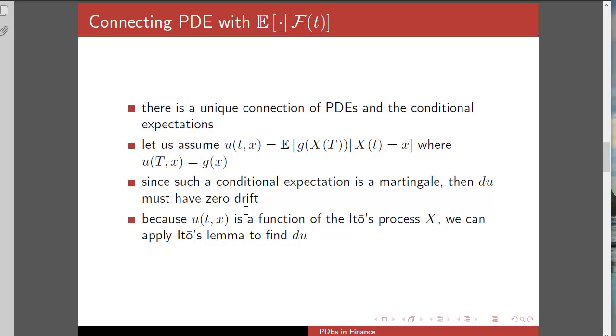All right, so how do we connect PDEs with conditional expectations? Recall that at the very beginning I told you that there is some nice connection between PDEs and the conditional expectation. That's true, and we try to establish this connection here.